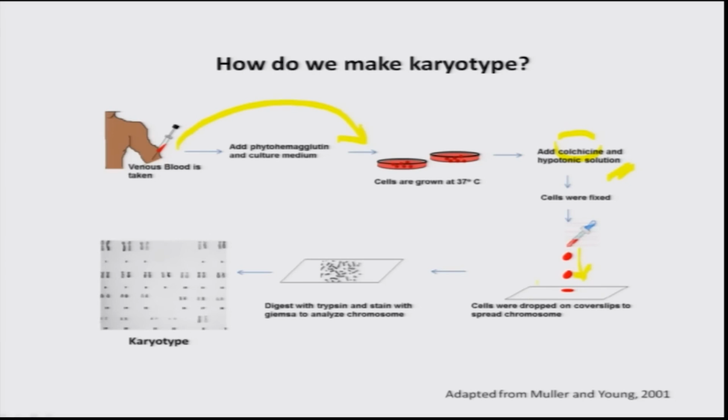Because of the mechanical force, they burst open and your chromosomes just spread out on the slide. The image can be captured using a microscope, and you can make the karyotype as shown below. You can take an image, cut the chromosomes and sort them based on size.